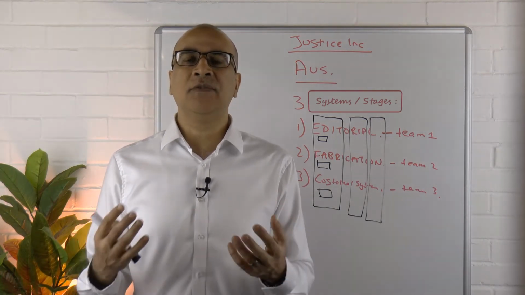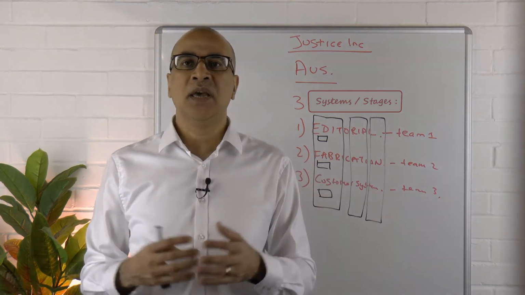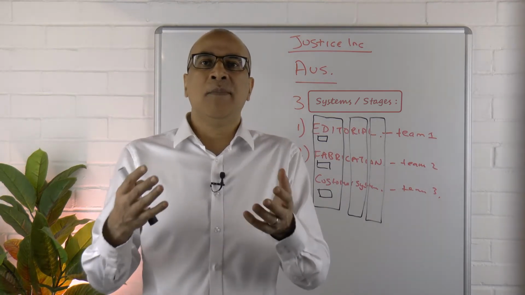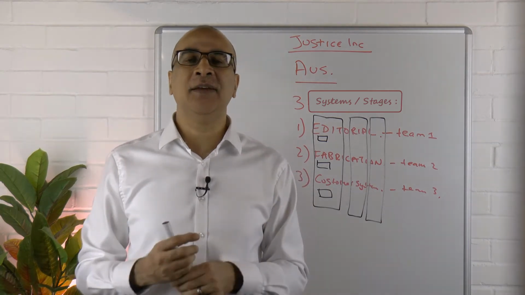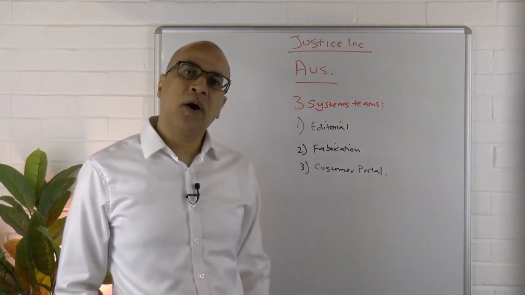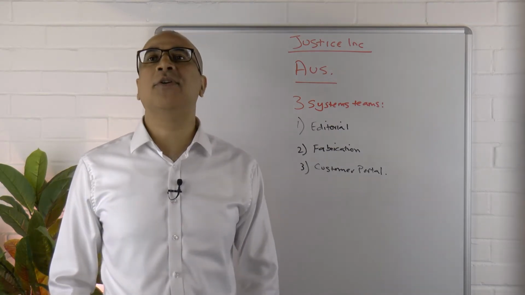It's not useful for me to give you an optimal team structure if in the real world many of you are most likely to work in structures that are ill-formed. So that's why we are going to come up with 3 system teams, not cross-functional teams.